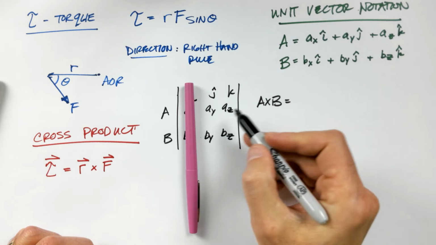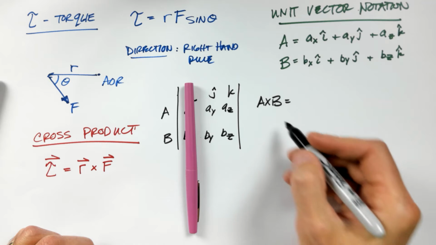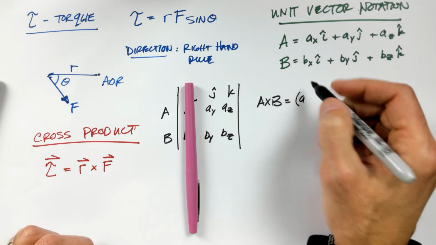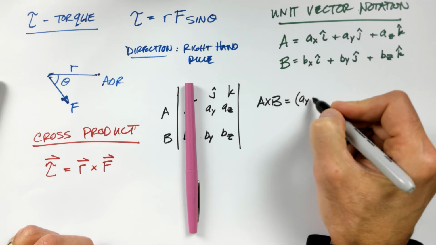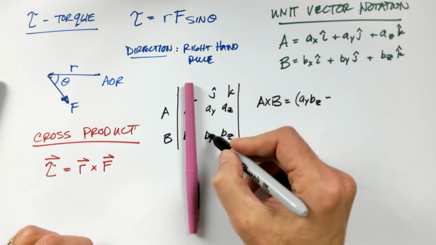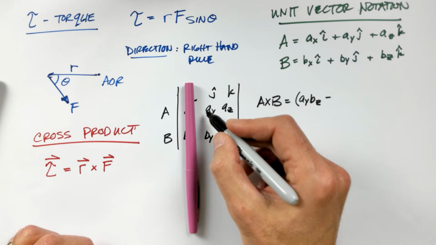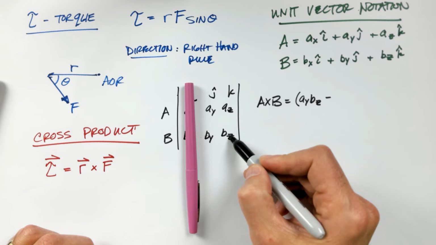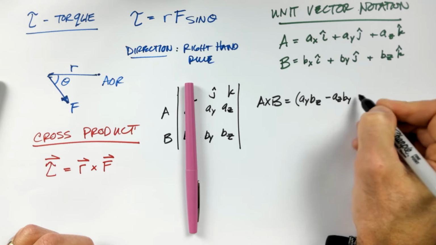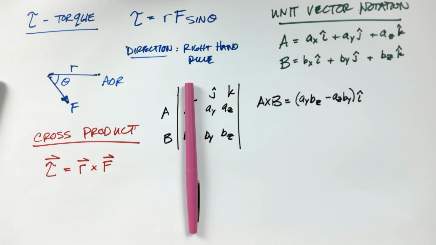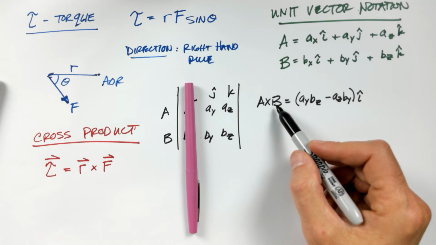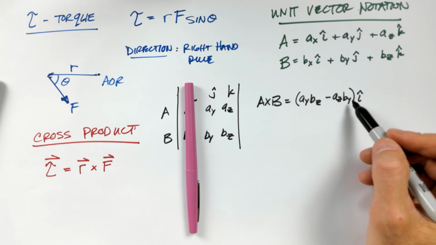And so we then come over here and we have this 2 by 2, and in the i direction, we're going to multiply A_y times B_z and subtract A_z times B_y. So here's where we're getting this cross aspect. A_y times B_z minus A_z times B_y is the perpendicular component of A with respect to B in the i direction.